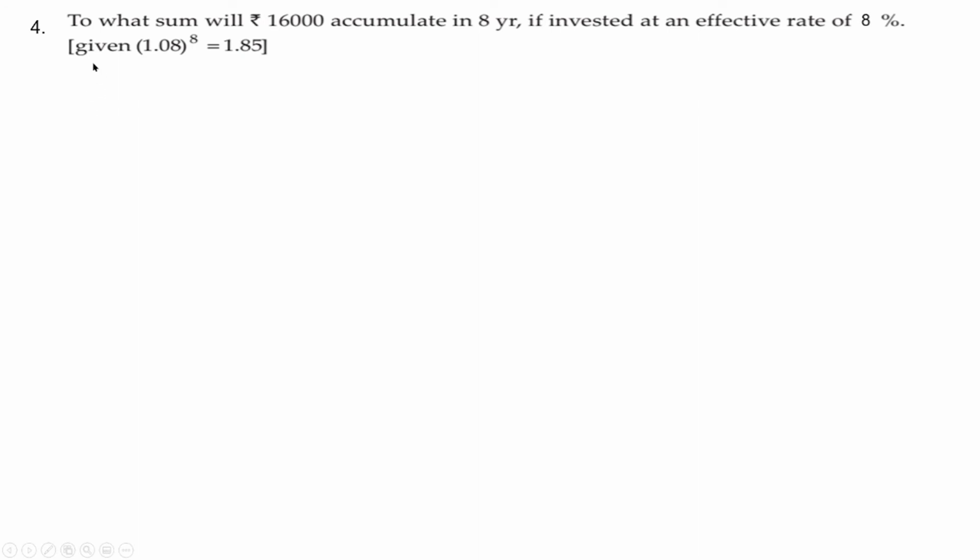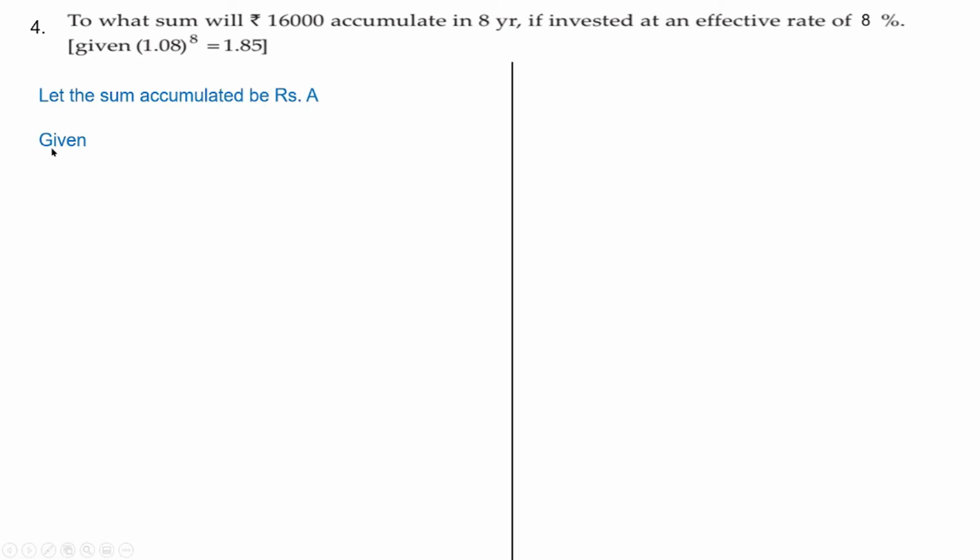Next we have, to what sum will rupees 16,000 accumulate in 8 years if invested at an effective rate of 8%? Given 1.08 the whole raised to 8 is 1.85. Now this is nothing but the future value of this amount. We have to find the future value of rupees 16,000 after 8 years if the effective rate is 8%.